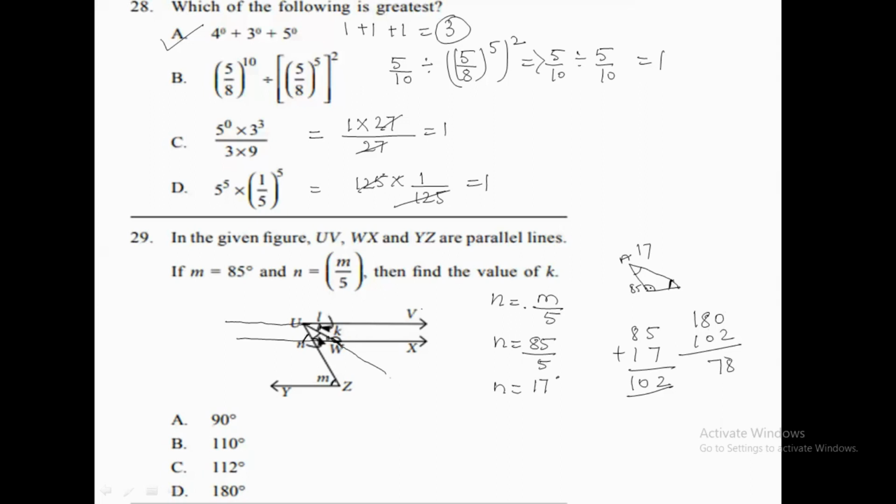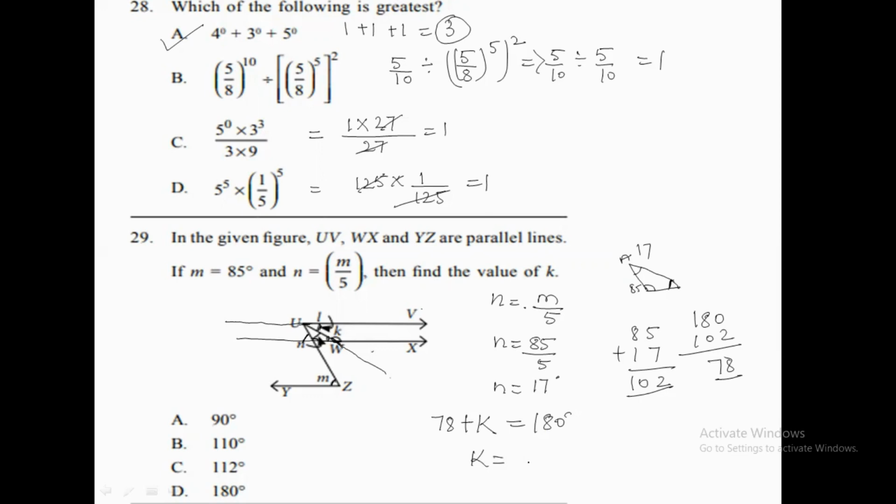Okay, let's see what we can do next. This angle is 78. What you can see over here is that angle K and this angle 78 are making a linear pair, so that's how we can get the value equal to 180.